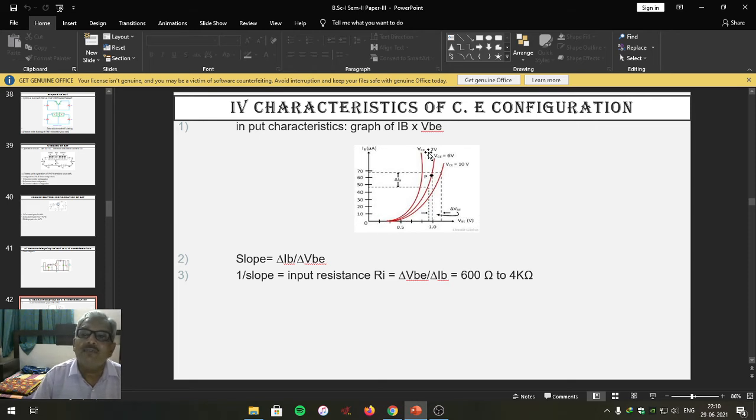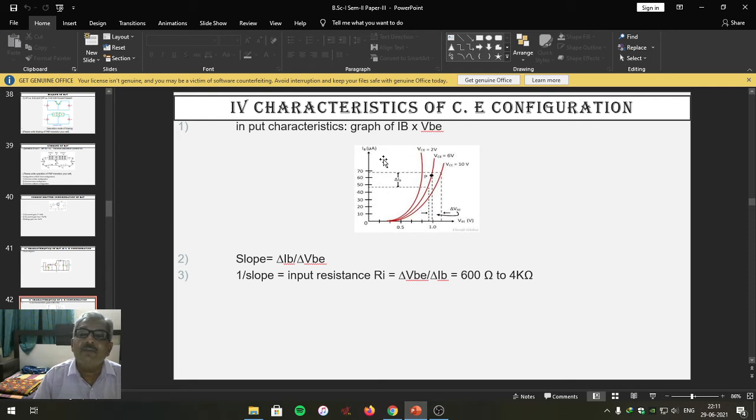The nature of the graphs is represented here. These are for different values of VCE. This variation of IB with VBE for a fixed voltage of VCE, the resulting graph, we call the input characteristics or input IV characteristics. So that's why we can say input IV characteristics is the graph of IB versus VBE.